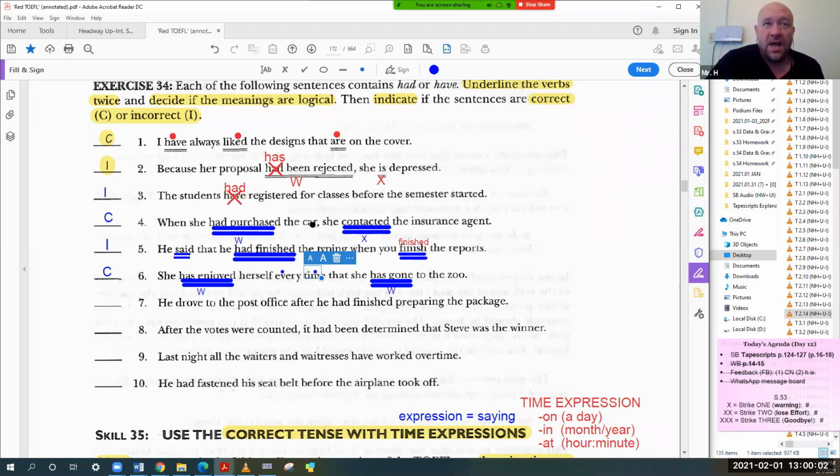Okay. What about number 7? Tell us the answer to number 7. Who's doing this? Me, Faris. He drove. This is X, and he had finished is W. Drove is the X, and had finished is the W, right? Is this sentence correct?